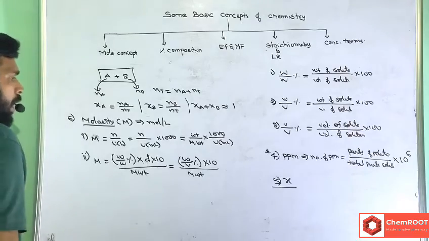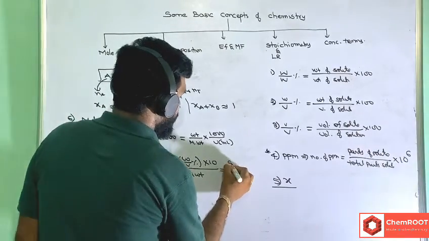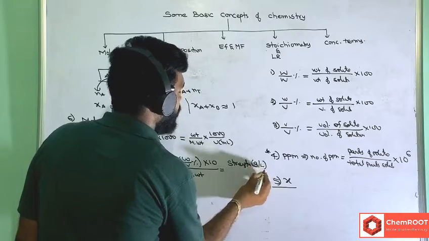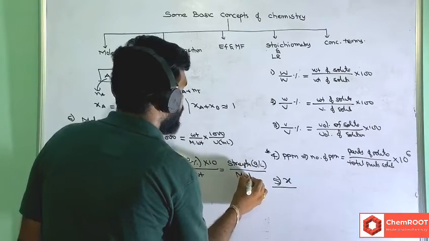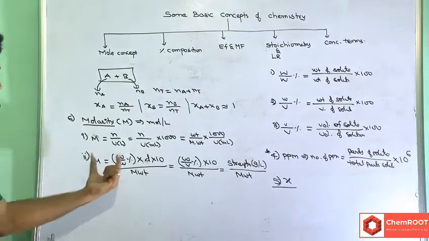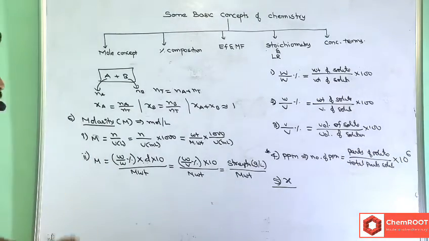And sometimes they will give strength in gram per liter. In that case, strength by molecular weight will give molarity. So these are different formulas related to molarity.